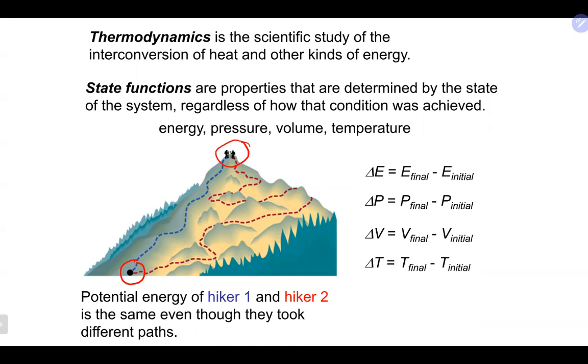That is also why, when we do the change in something, it is final minus initial state. So if you look here, change in energy, final minus initial; change in pressure, final minus initial; change in volume, final minus initial; change in temperature, final minus initial. It doesn't matter if it takes 9,000 steps to get there or 2 steps.